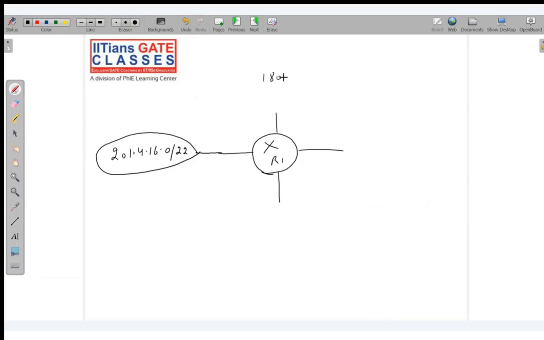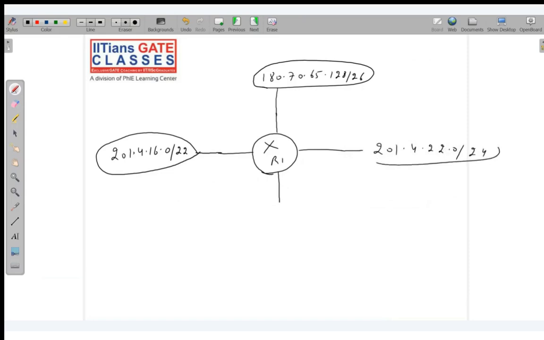Okay, and next is 180.70.65.128/26. Next is 201.4.22.0/24. And the next is 180.70.65.192/27.